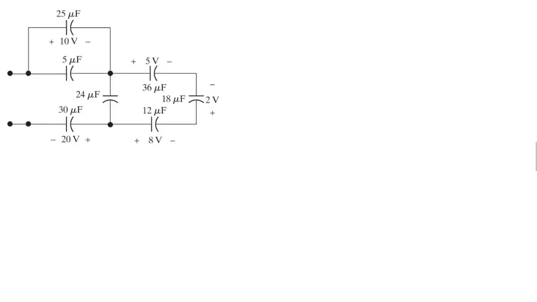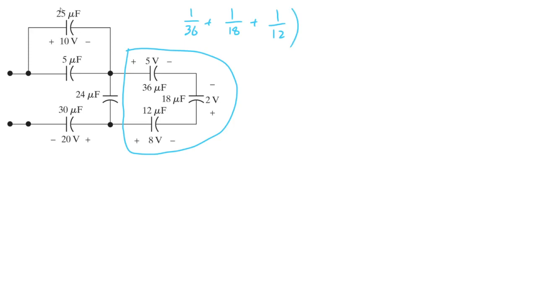Now the next part is just the same process. I'm going to start with this far right side and find the equivalent capacitance over here. So these are clearly in series. So 1 over 36 plus 1 over 18 plus 1 over 12 gives 6 microfarad.